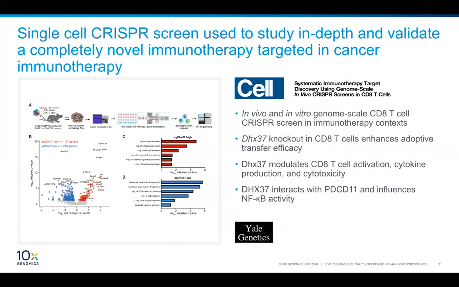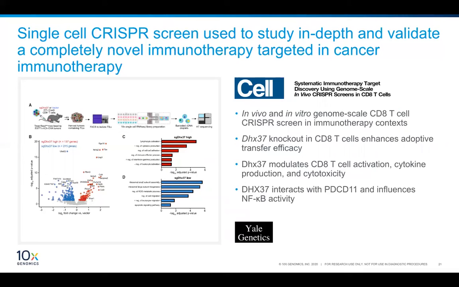Now, in this publication in Cell in 2019 by researchers at Yale University in the US, the authors used single-cell CRISPR analysis to narrow in on immunotherapy targets. So they started with a genome-scale CRISPR screening library and performed both in vivo and in vitro assays. The in vivo assays involve transferring T cells from a Cas9 mouse into another tumor-bearing mouse and testing tumor infiltration.